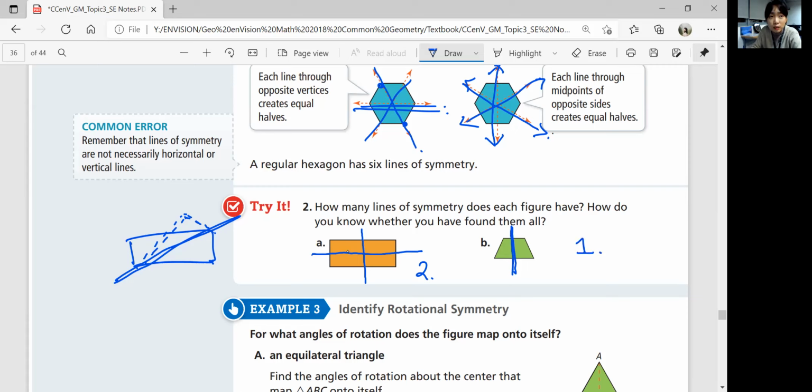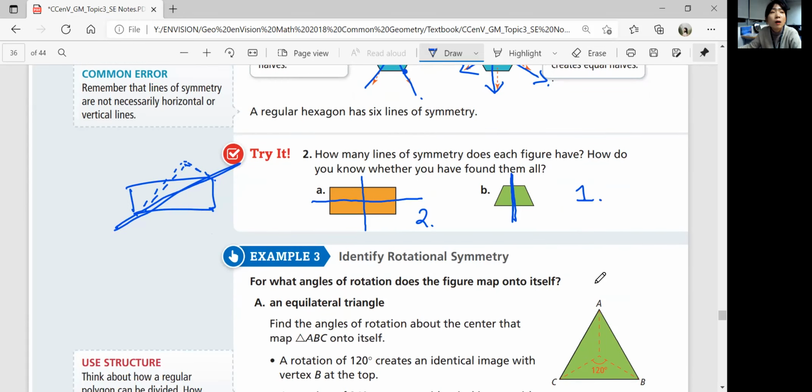So one line, only one line of symmetry. Okay. And so think about all possible ways. And if there are no other ways to fold them and map them onto itself, that's when you know whether you found them all.